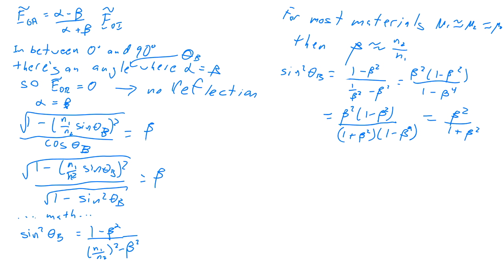So we've got this right here. That's kind of an ugly thing. That tells us what this angle is, but we can simplify it. So let's take a look at cosine squared of Brewster's angle, right?